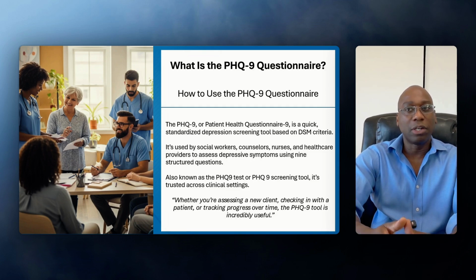And we will discuss a little bit more about the DSM criteria for depression. People refer to the PHQ-9 as the PHQ-9 test, the PHQ-9 screening tool, or simply the PHQ-9.